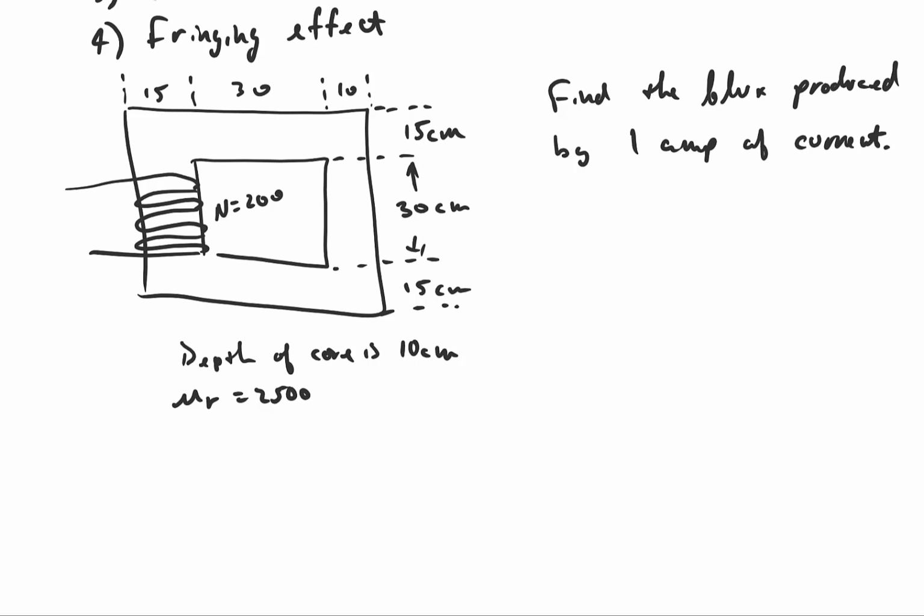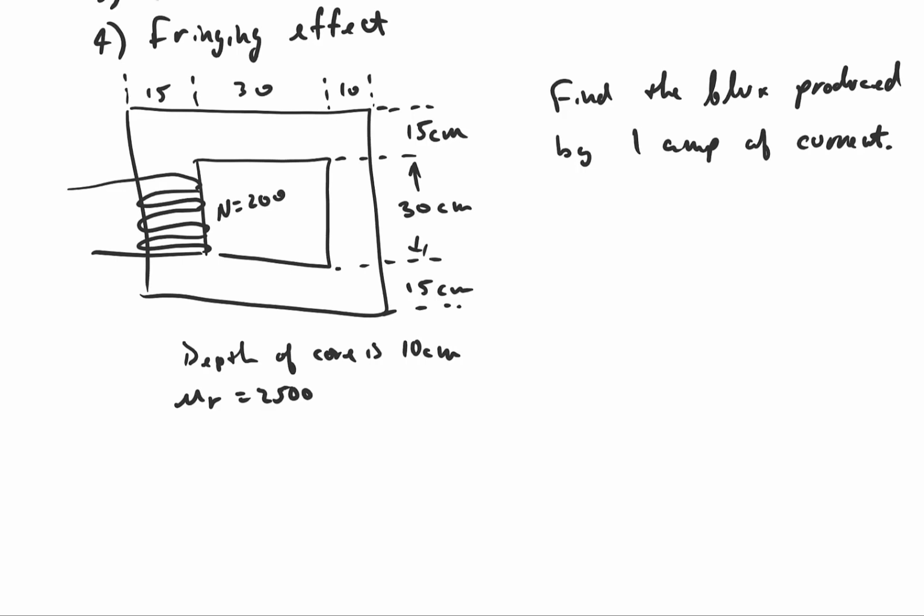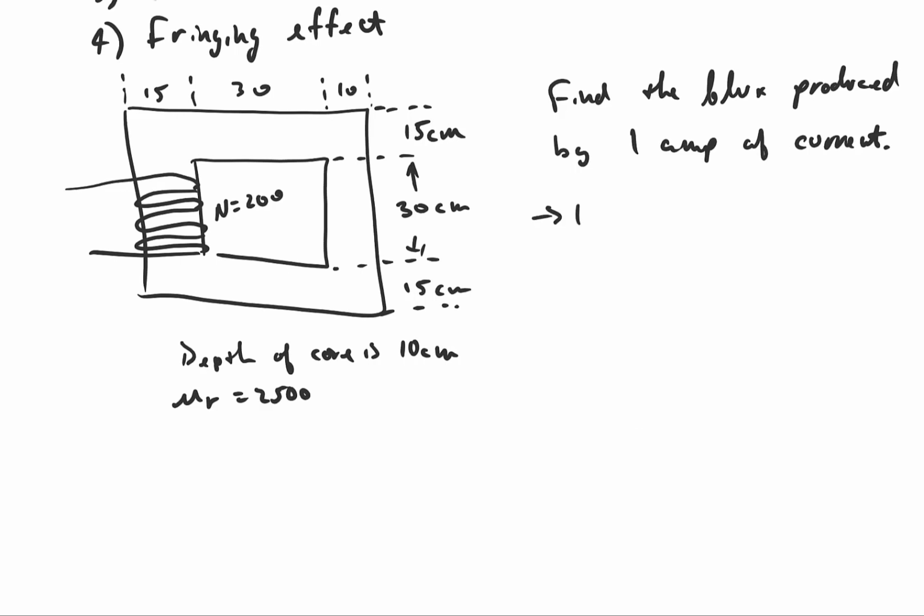So we're going to divide the core into 2 sections to solve this. One section will be the side that is narrower, so that's this side that is narrower.